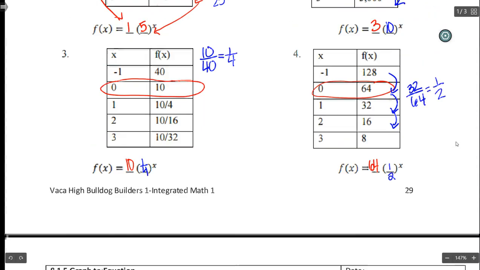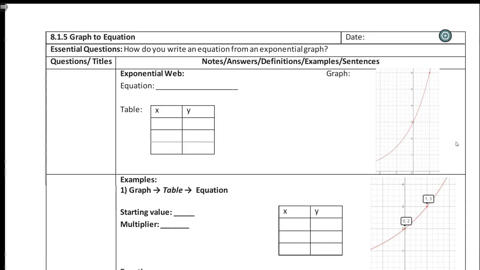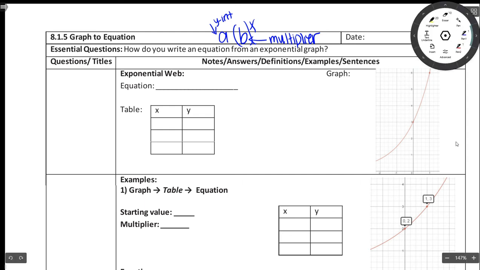So this is how you write an equation given your table. And this is also moving into how do we write an equation from our graph? So the two things that you need, a b to the x power, where your a is your y-intercept and your starting value, and your b is your multiplier. So let's go ahead and take a look at this example here.